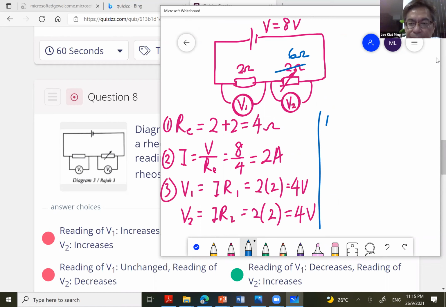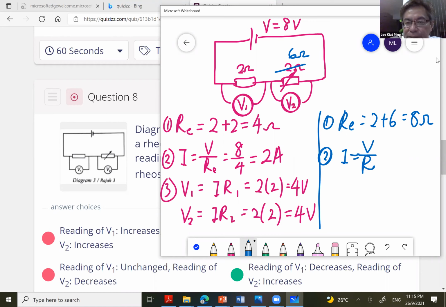Using the same steps, total resistance is going to be 2 plus 6, which gives you 8 ohm. The second step is the current, equal to the total potential difference, which is still 8 volt, over 8 ohm.